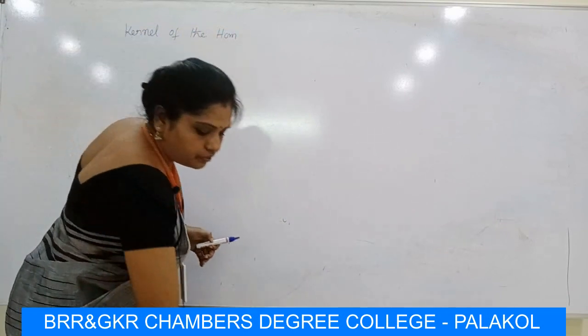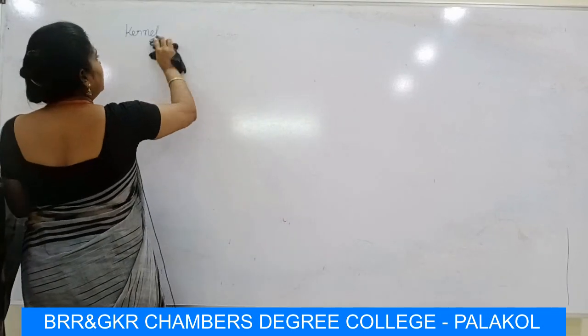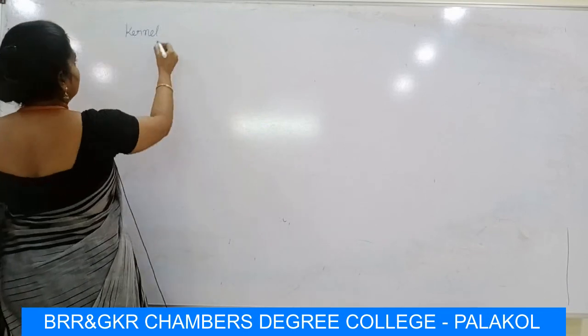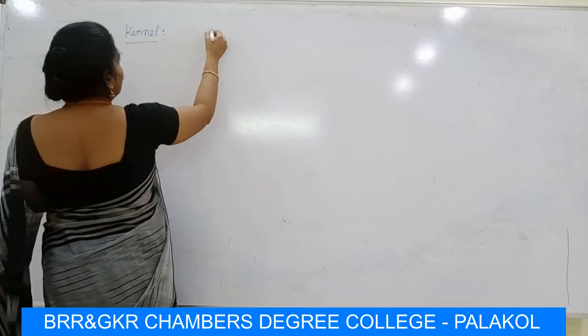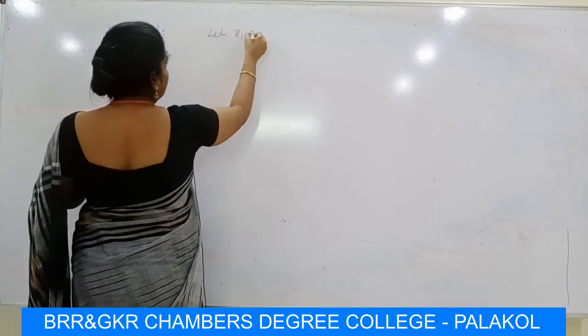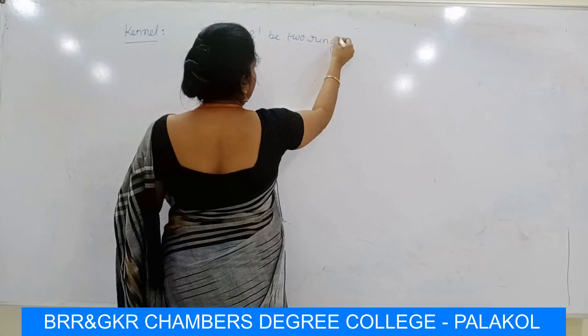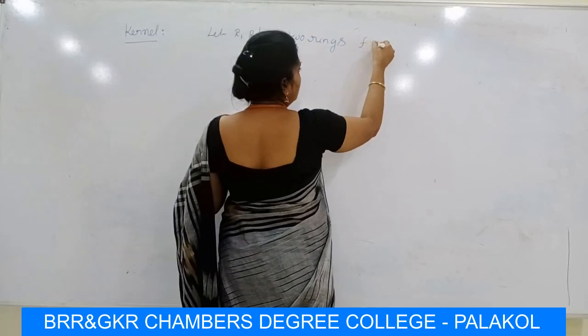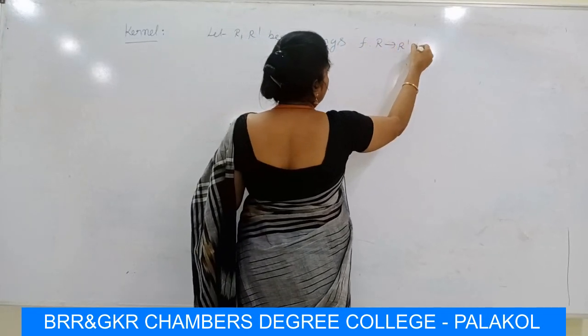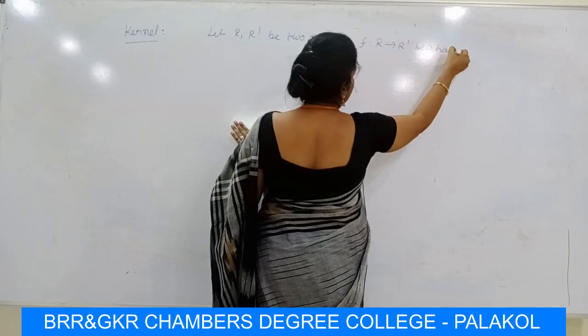Let R, R dash be two rings and f maps R to R dash be a homomorphism.